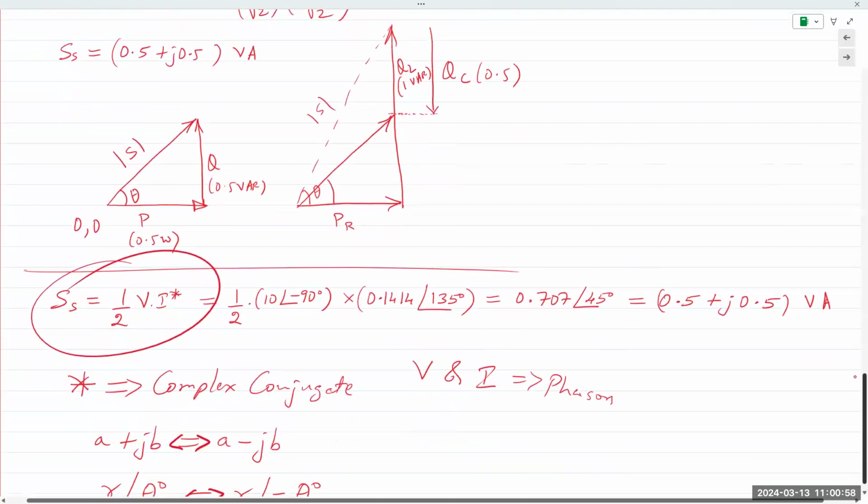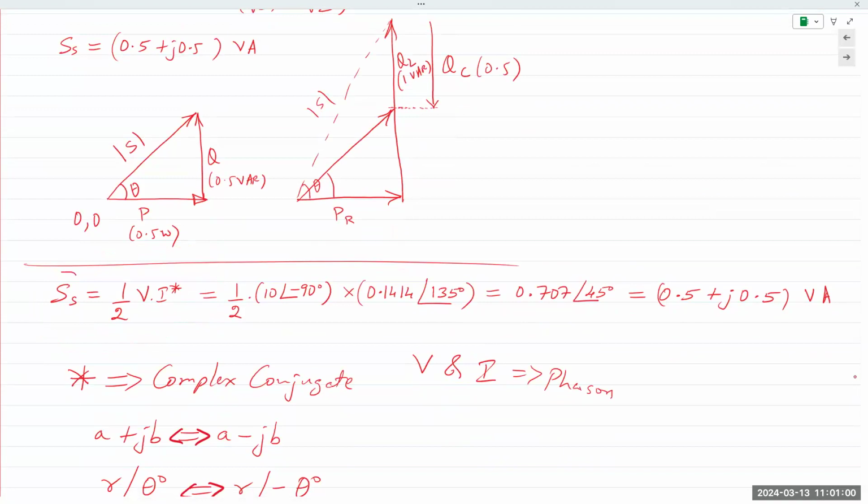So you can simply use this equation and find your answer in one single step. You find the total current being supplied by the source, you apply this equation, and you find the total power being supplied by that source. So it depends on the question.